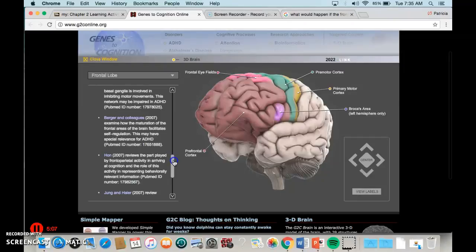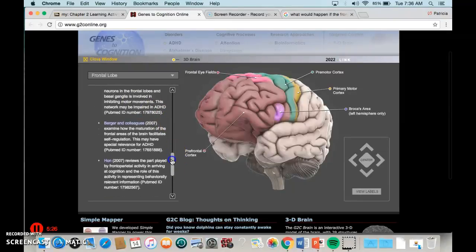Research review: Aron and colleagues review evidence from a number of sources that a neural network consists of neurons in the frontal lobe and basal ganglia and is involved in inhibiting motor movements. This network may be impaired in ADHD.